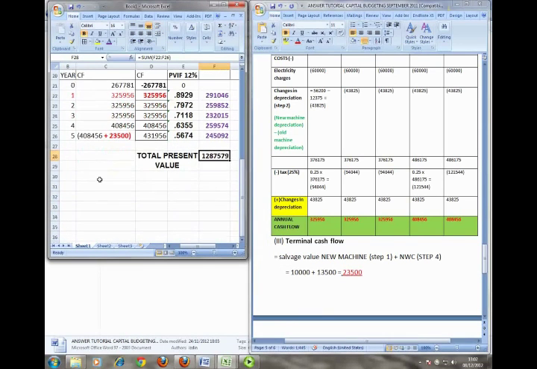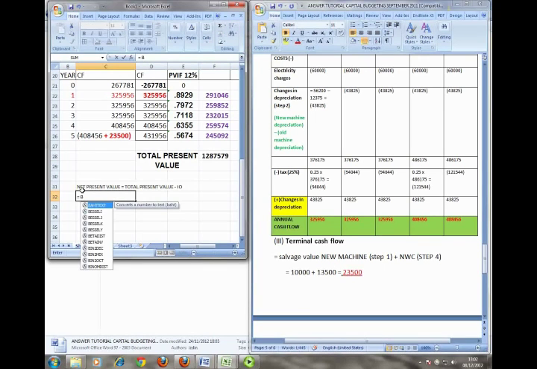Remember, class, the formula for NPV, net present value, equals total present value minus IO. So is it the answer?